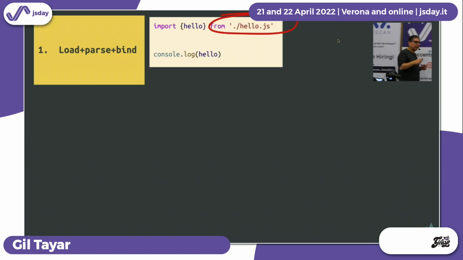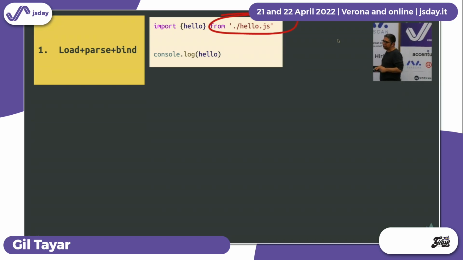So this is an explanation of how ESM loads modules. And notice, this is not how Node.js loads modules. This is how the spec of ESM, the spec that TC39 defined, loads modules. This is part of the standard of JavaScript. It's not something that was defined by Node.js.